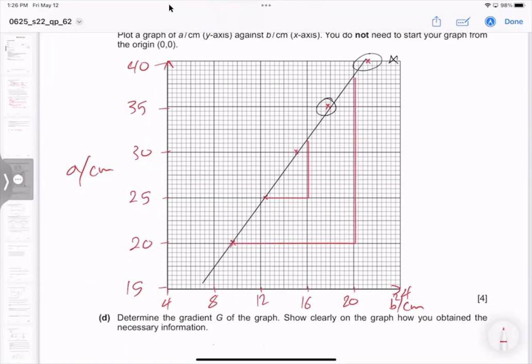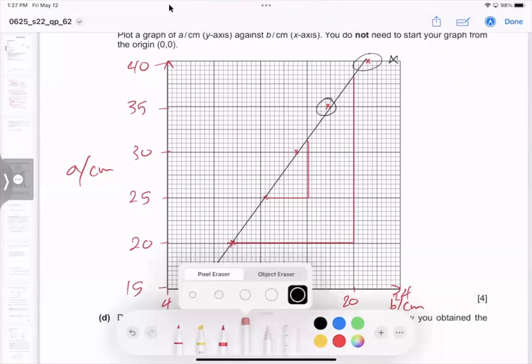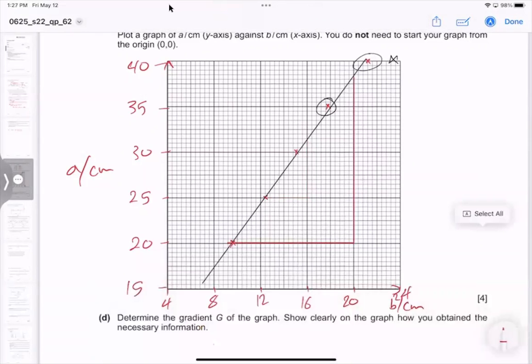Okay. So here is the largest triangle. I'm going to delete the other one, and I'm going to use this number and that one.